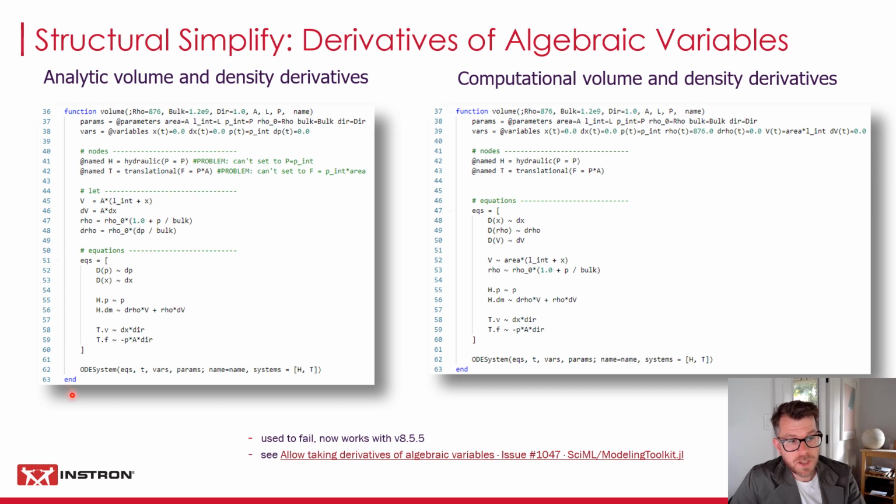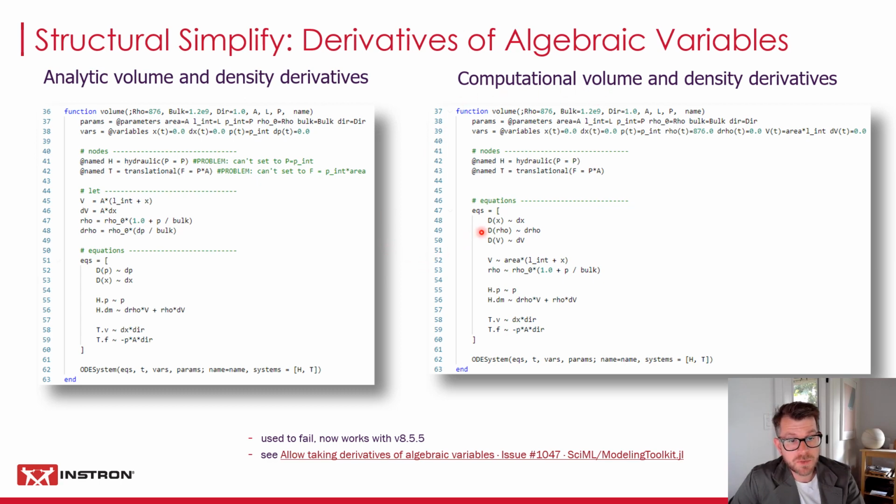And so on the left, the way we define this with pre-computed derivatives is we'll call the analytic volume component. On the right, we can take a different approach, allowing Modeling Toolkit to do the work of generating the derivatives for volume and density for us. We can call this the computational component.